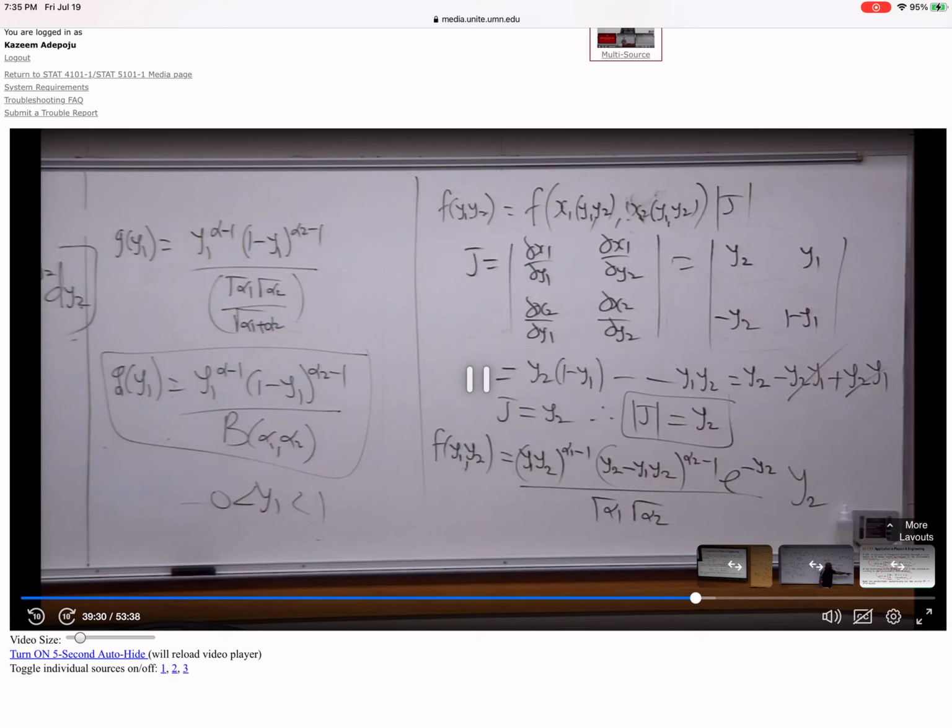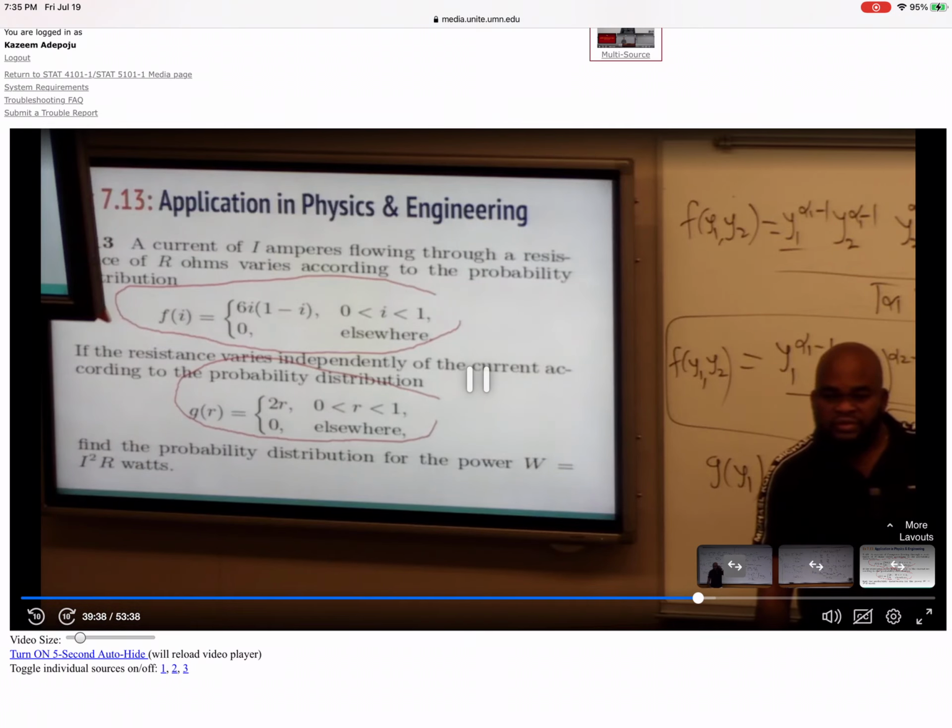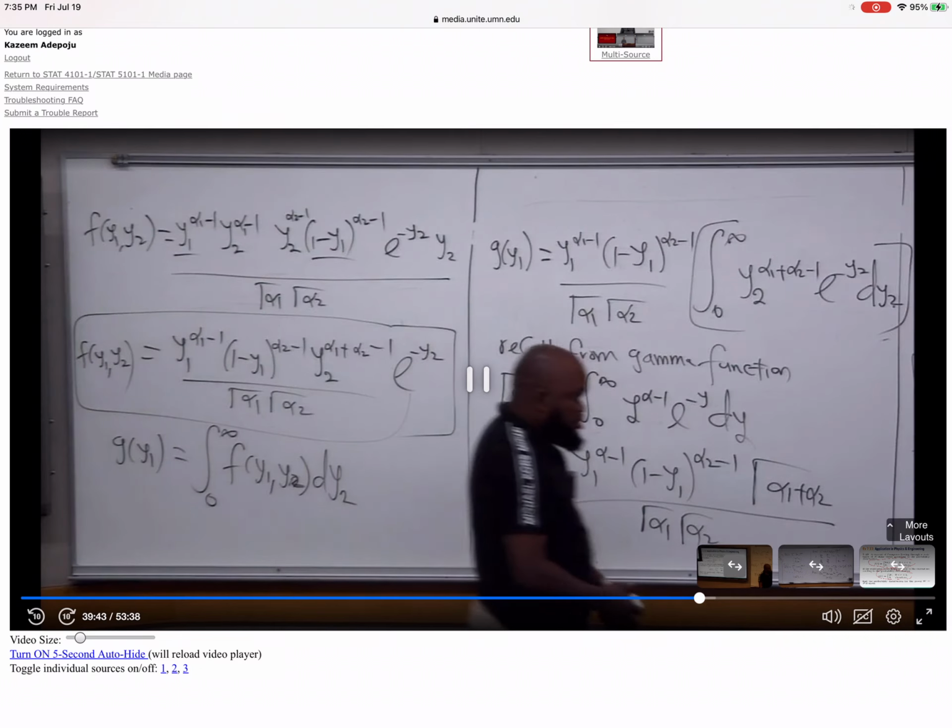So beta distribution actually comes from gamma distribution using what I call a function of random variable.